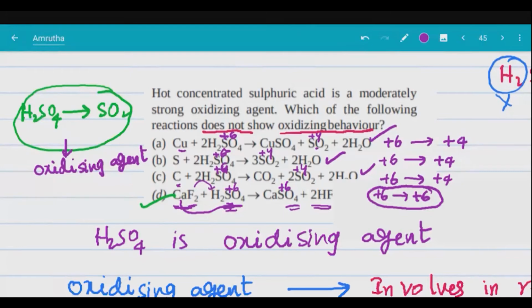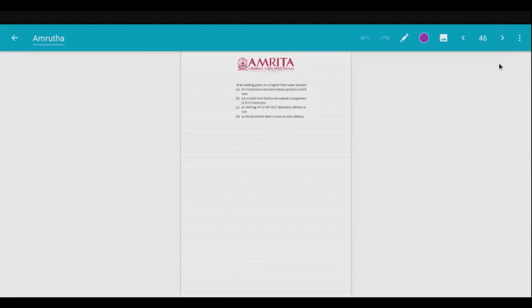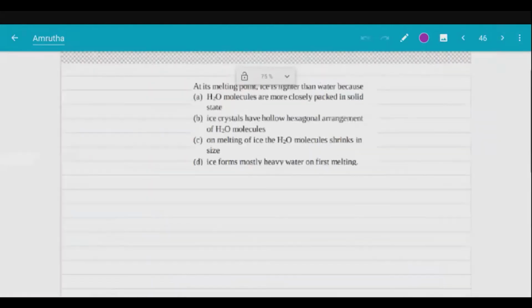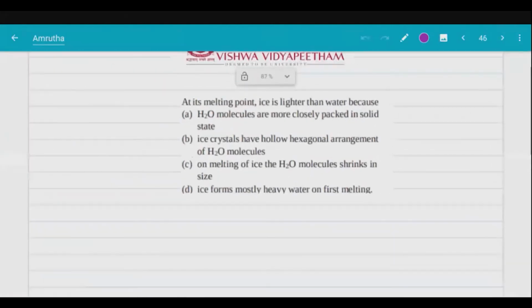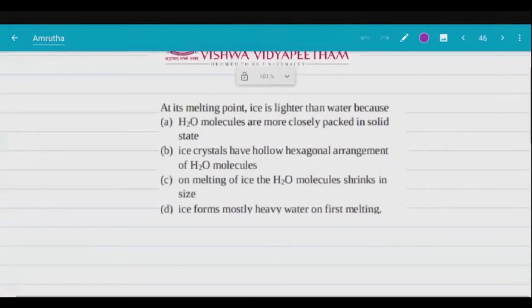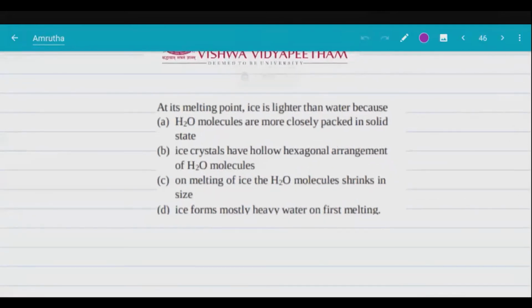Shall we move on to the next question now? Okay, see this question, from hydrogen and its compounds. Look at this carefully. At its melting point, ice is lighter than water. Just read these options, I'll tell you.